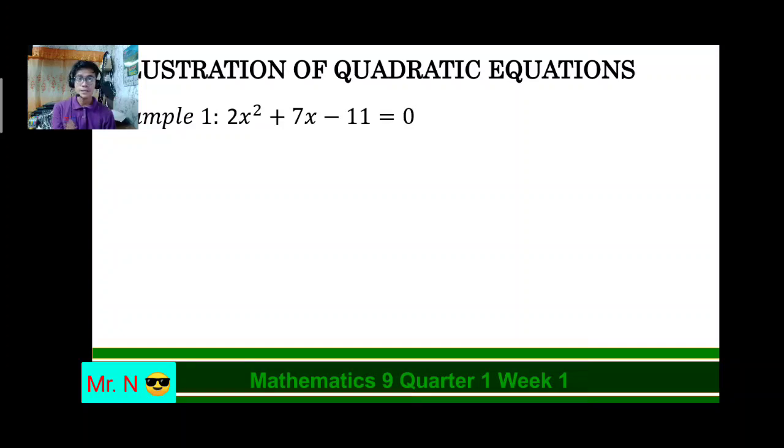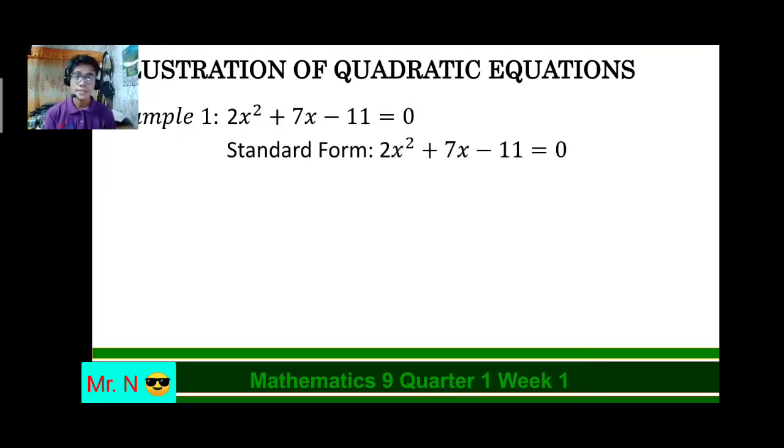So, let's check if this given equation is already written in standard form. 2x squared, check, quadratic term. 7x, check, linear term. Negative 11, constant term, check. So meaning to say, this given equation is already written in standard form.